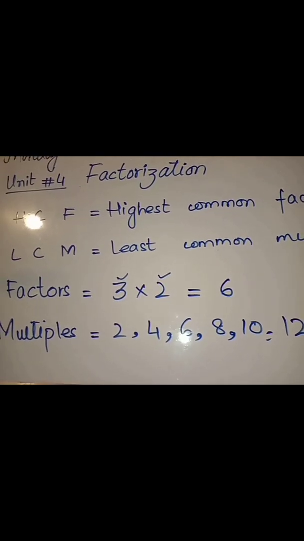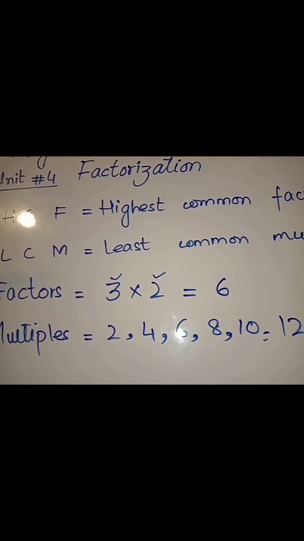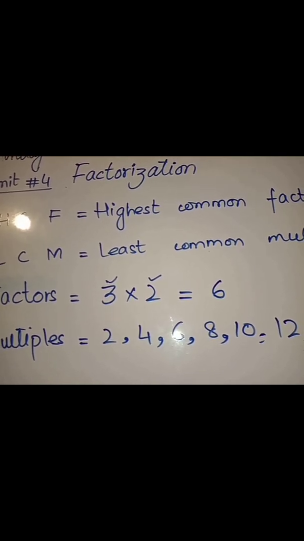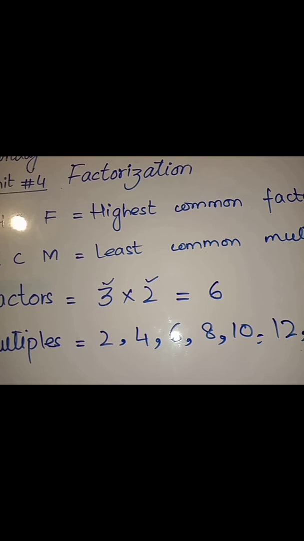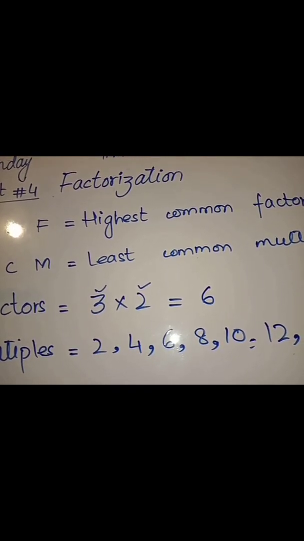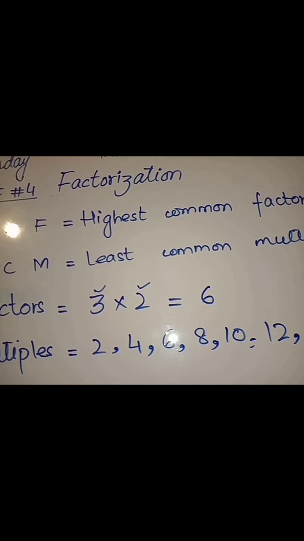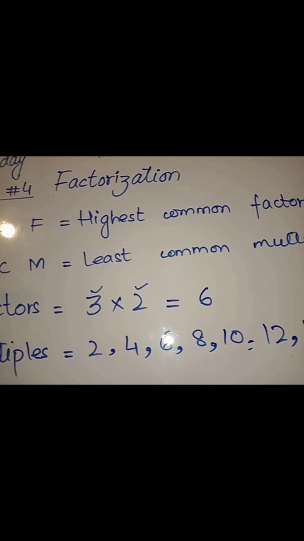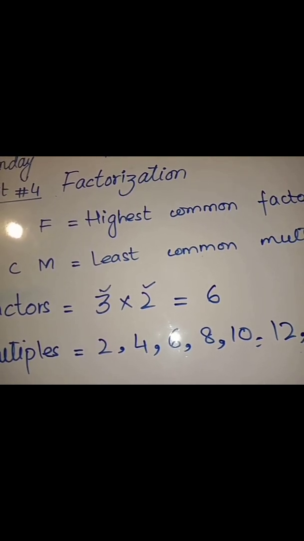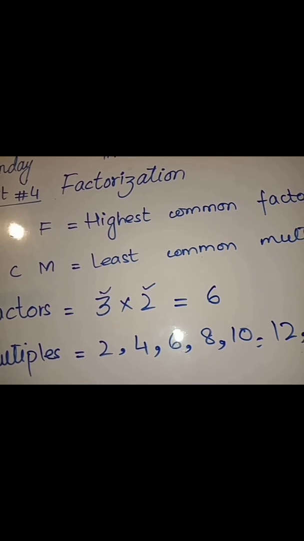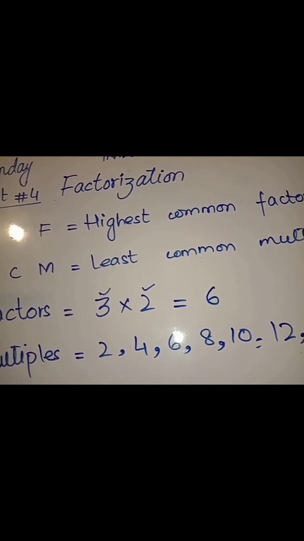We have two methods to solve HCF and LCM, and these two methods are the prime factorization method and the division method. Prime factorization. The word prime comes from prime numbers. What are prime numbers and what are composite numbers? You have to know that prime numbers are the numbers which are divisible by 1 and itself.